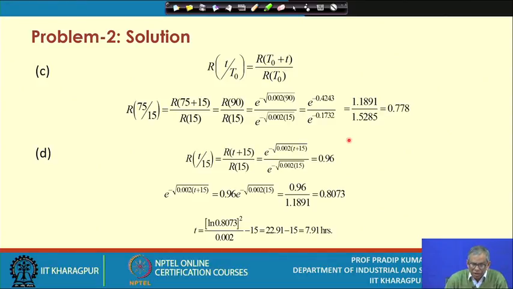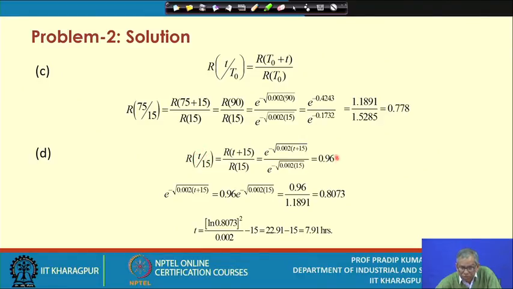Coming to the next question, that means the T time period, T plus 15. This 15 hours is actually spent in the burn-in phase, that means the early failure phase, 15 hours. So again you apply this formula. So this becomes 0.96. Ultimately, the value of T you try to determine.